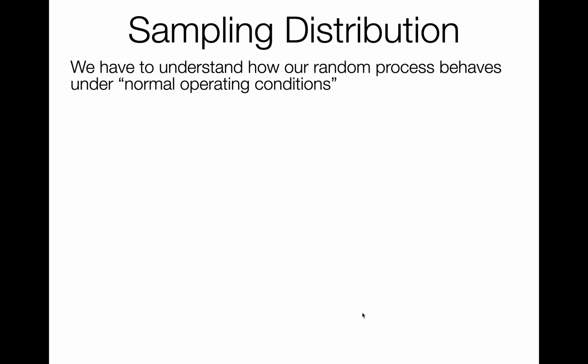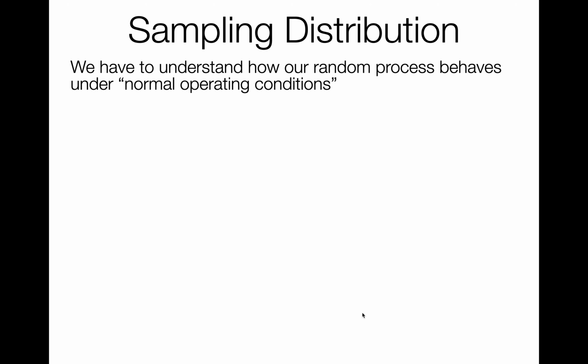Now, how we describe the randomness of the selection process that I mentioned just previously is with something called a sampling distribution. Okay? And this idea of a sampling distribution is going to be central to what we do in the rest of the course. So if there's something that you really try to understand, that you really take the time to think about, it should be a sampling distribution. Now, what the heck does a sampling distribution mean?